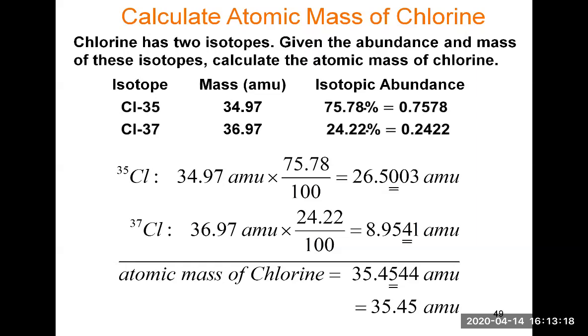Because the rule for multiplication and division is to keep the least number of significant figures, here the mass has 4 sig figs. The percentage also has 4 sig figs. The 100 is an exact number, so it is not limiting.